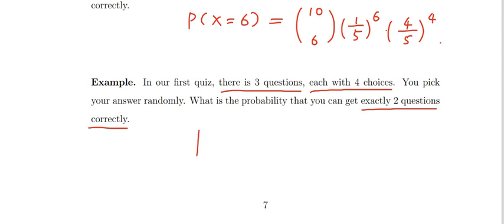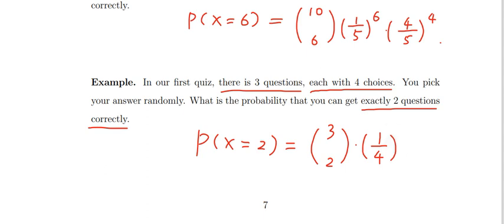P(X=2): among 3 questions I choose 2 questions, and for them I answer correctly. The correct probability now becomes 1/4, right? So answering correctly happens twice, and not correctly happens once.